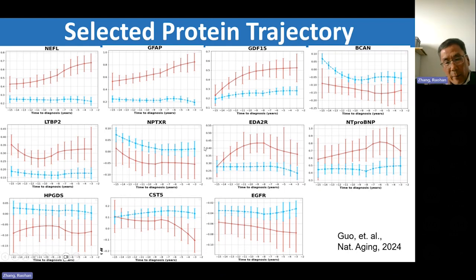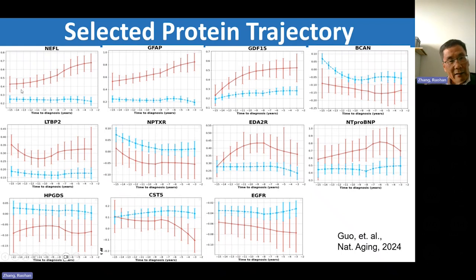We select, for example, here I show you 11 proteins. 11 and 15 years before the onset of Alzheimer's disease, if you look at this protein, that's the onset of the disease, and I think you don't need much help here. You can pretty much agree with me.